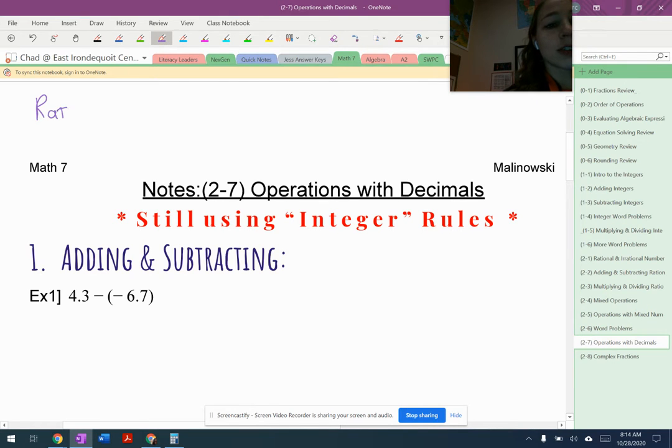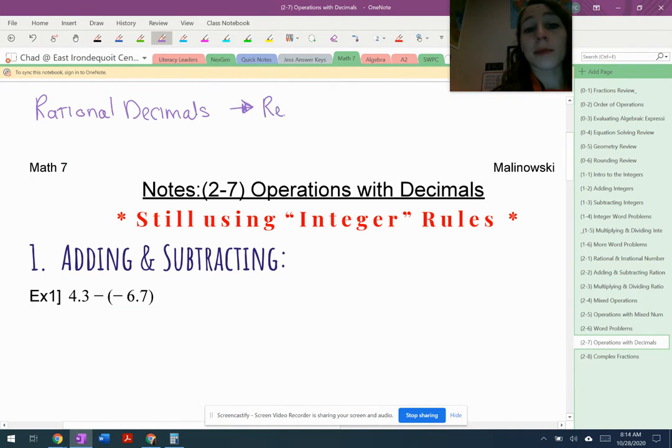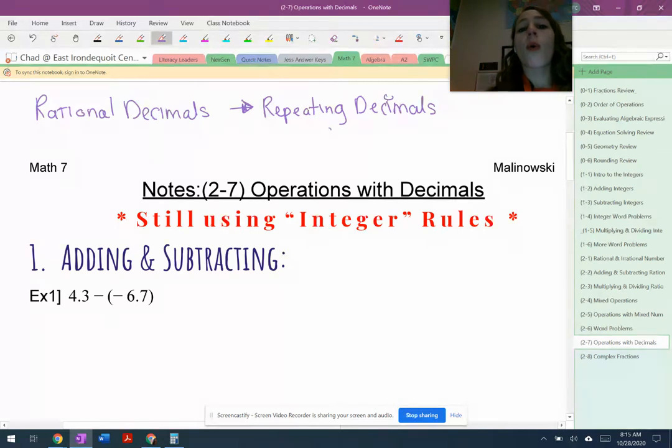So rational decimals are repeating decimals, or they can be decimals that end. For example, like 1.2.